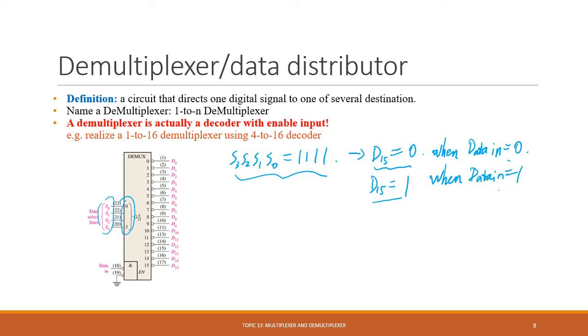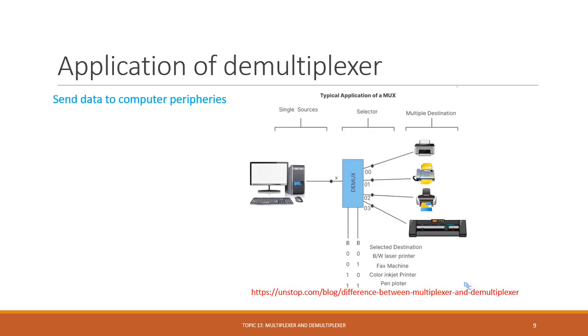It has the same circuit as a decoder. The application for demux is also the opposite of mux. Before, we talked about how mux can select among different sources. Now the demux will be used when you want to send the data to different destinations.